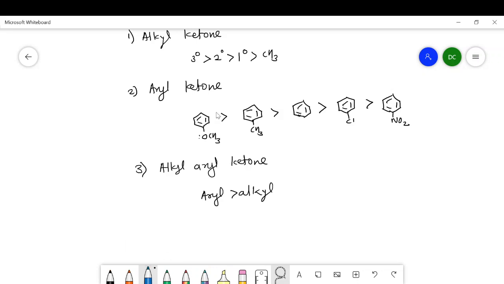From the migratory aptitude of aryl ketones, it is clear that electron donating groups such as OCH3, CH3 have greater migratory aptitude than electron withdrawing groups. So if electron donating groups are present on the aryl ketones, then that group migrates first than the electron withdrawing group. Let's see an example of this Baeyer-Villiger oxidation process.